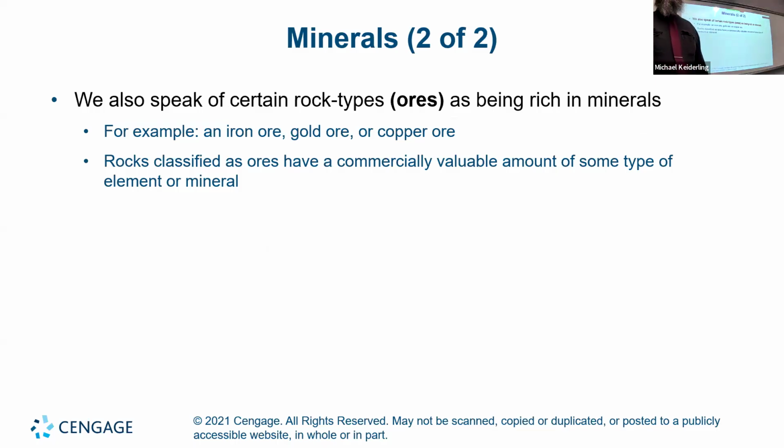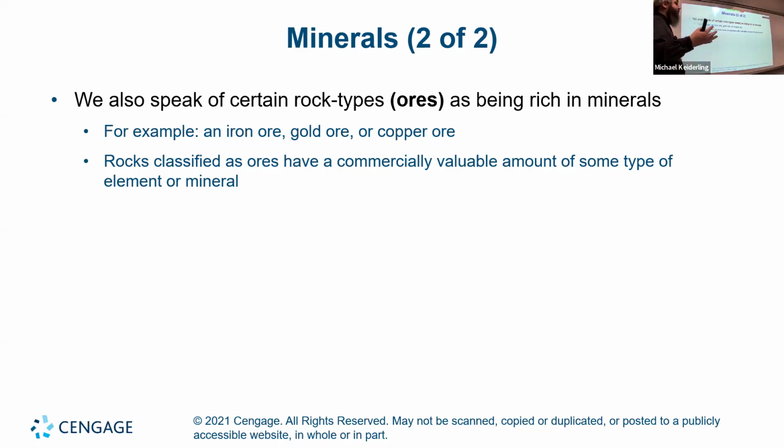So iron ore, gold ore, or copper ore are rocks with minerals in them that contain lots of iron, gold, or copper. Gold ore, actually, the mineral that it contains is just gold. It's pure elemental gold. But iron ore and copper ore are usually various minerals that have lots of iron in them, like hematite or some other thing.